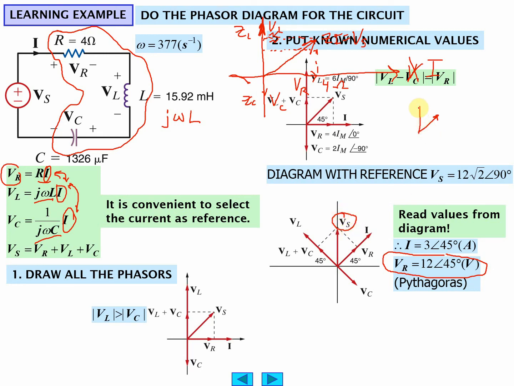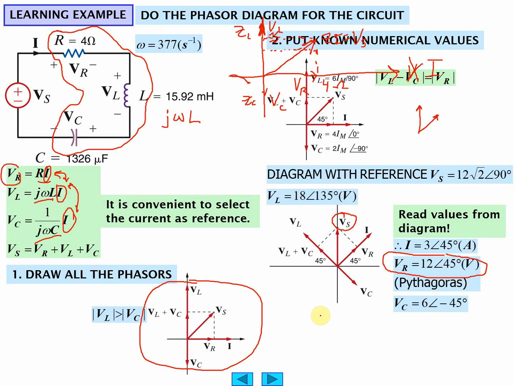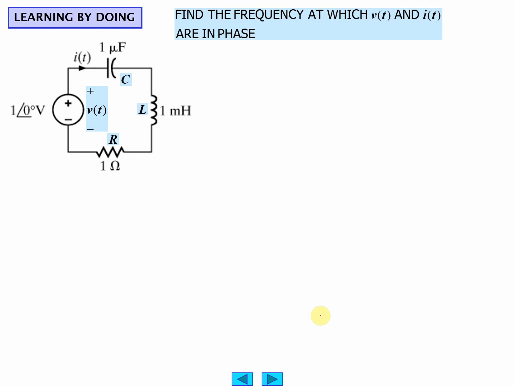Vs is pointing straight up and down. You rotate this diagram by 45 degrees is what you're doing. Figuring out all the VCs, VLs, VRs, and then final VS. Now, the frequency at which the two are in phase, I'm going to save that for the next video.